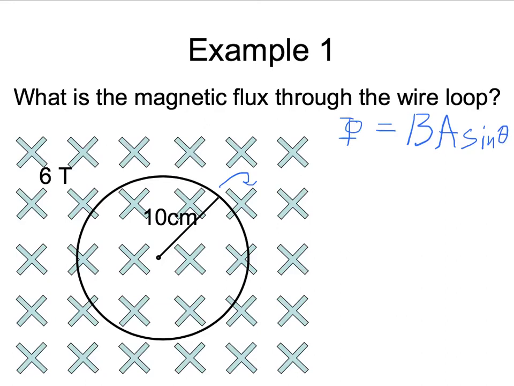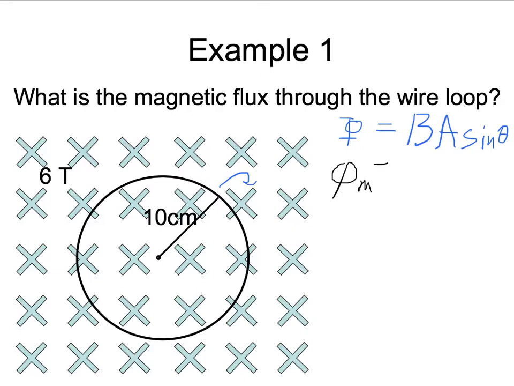I also need to be careful because I just used the capital letter phi, which is an I and a circle in the middle. However, looking at the AP formula sheet, they use the lowercase phi, which is made by doing a circle, and when you get back to the top, slashing down through it. So this phi, usually with an M, is the symbol for magnetic flux, the number of field lines passing through that surface.